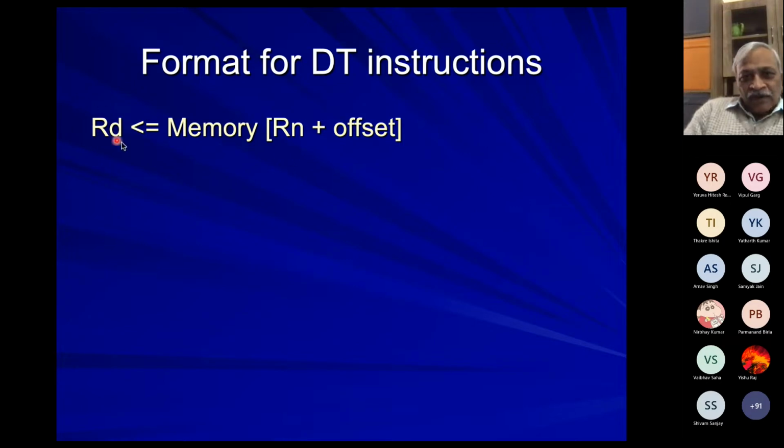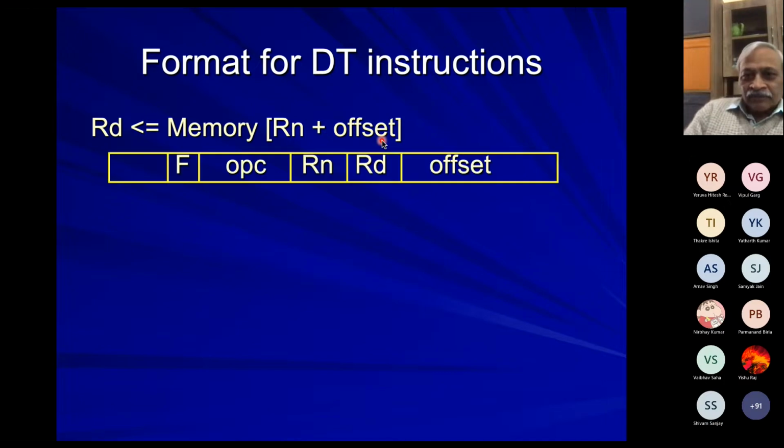RD is the destination register, and memory has its address specified as a sum of two things. One is the base, the other is the offset. The base is the contents of a register, and the offset could be specified in various forms. It could be a constant, it could be a register, right?